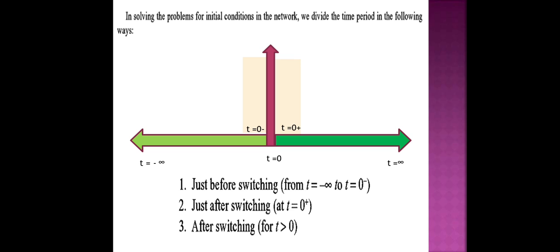After switching, t extends to infinity, that is t greater than 0. So generally we take these three conditions: just before the switching, just after the switching, and after the switching. Try to understand this. These are the initial conditions we use in applications or problems.